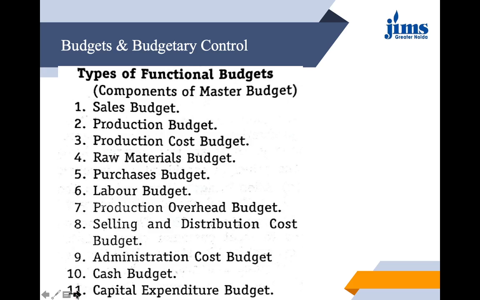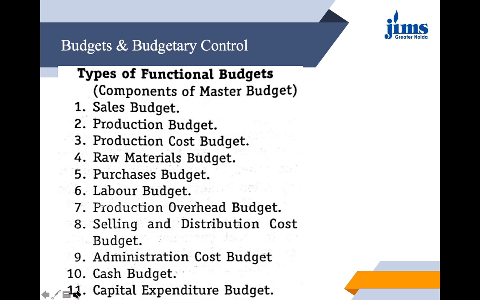Let me make you acquainted with the names here: sales budget, production cost budget, raw materials budget, purchases budget, labor budget, production overhead budget, selling and distribution cost budget, administration cost budget, cash budget, capital expenditure budget.